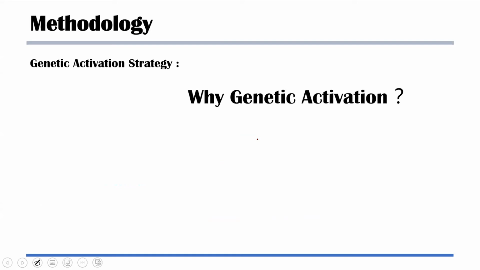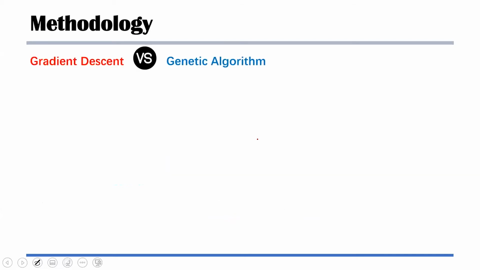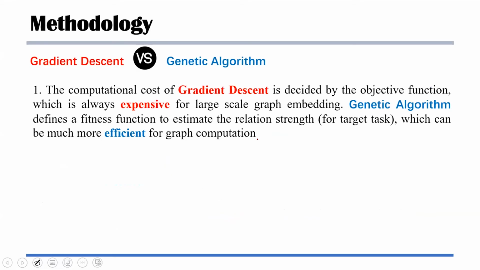For a genetic algorithm, we have to have a fitness function, which is a genetic activation strategy. So let's take a look at the genetic algorithm a little bit more. When we compare two different kinds of optimization methods, one is gradient descent and the other is genetic algorithms, let's take a look at their differences.